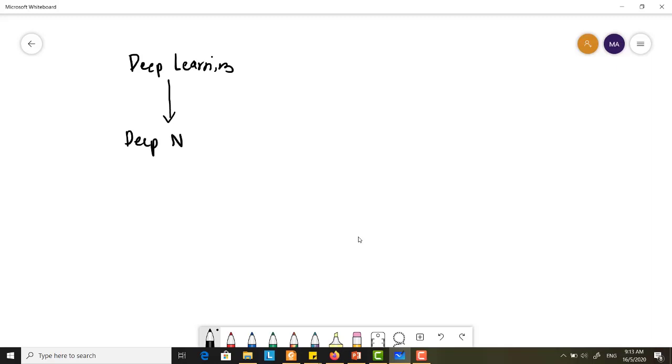In our syllabus we also do the same, meaning that deep learning refers to deep neural network. What is a deep neural network?